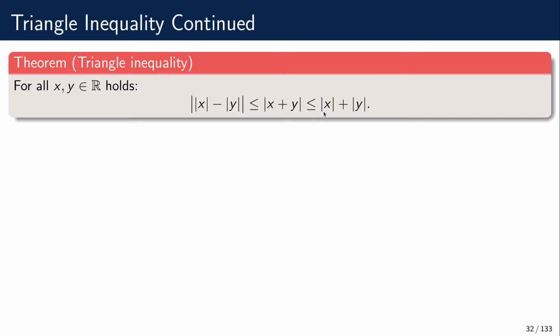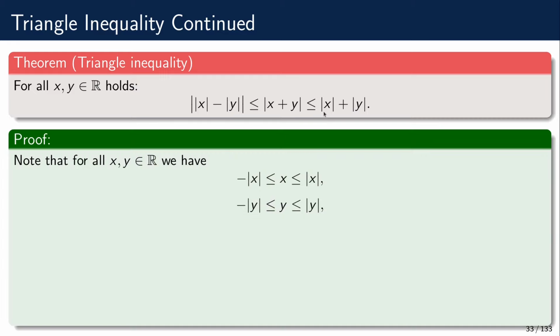Okay, so let us start with the proof. For any two real numbers, x is between the minus absolute value of x and the absolute value of x. In fact, x equals one of the values. If x is positive, then x equals the absolute value of x. And if x is negative, then x equals the minus absolute value of x.